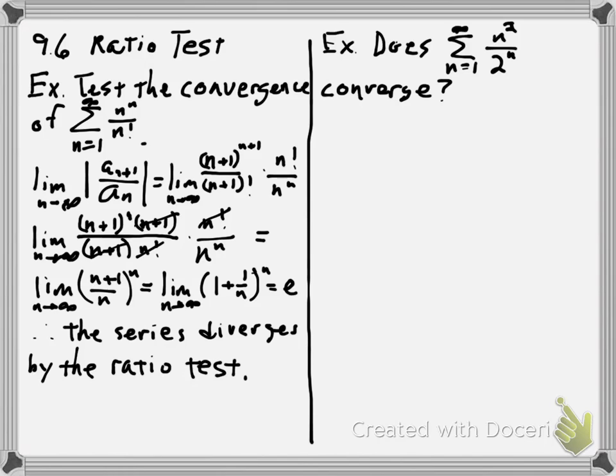Okay, so our next example is this series n squared over 2 to the n, and we want to determine convergence. So, again, we just simply look at this limit as n goes to infinity of the absolute value of ratios a sub n plus 1 over a sub n.